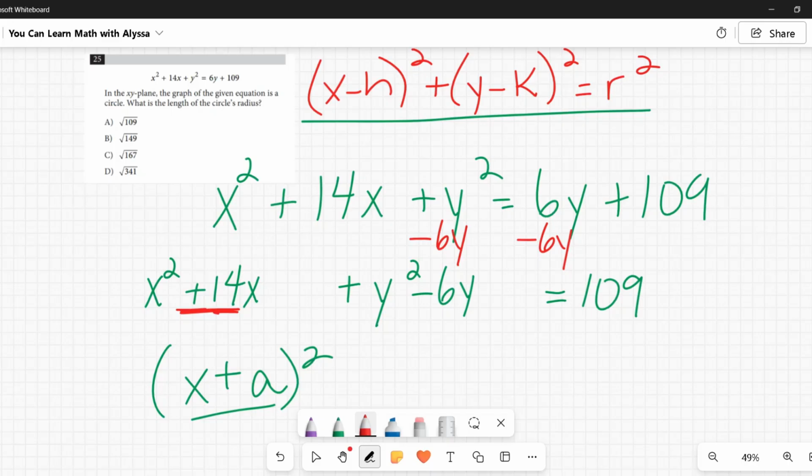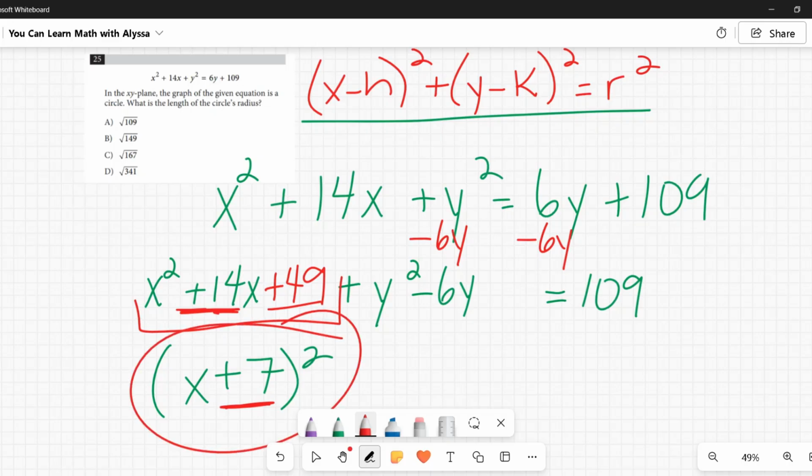That's it. You divide it by 2. Here it's a positive 14. So my a is going to be a positive 7. 14 divided by 2 is 7. Then the number that goes here is your a squared. So 7 squared is 49. And now this right here, x squared plus 14x plus 49, is equal to x plus 7 squared.